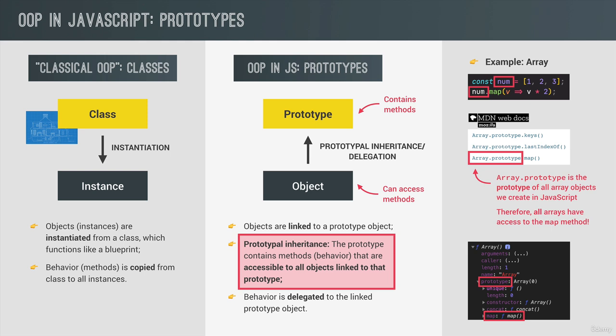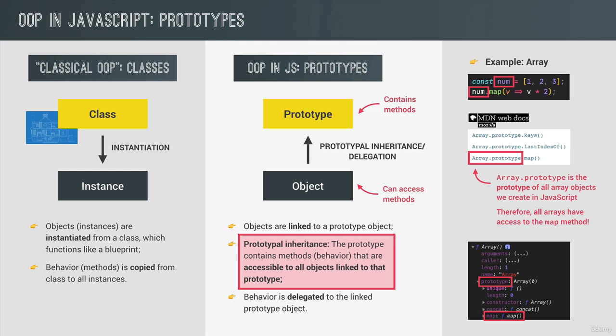So since array.prototype is the prototype of the num array, it means that num is linked to that prototype, and therefore it has access to all the methods that are defined on the array.prototype object, just like the map method. So in a sense, our array inherits the map method.